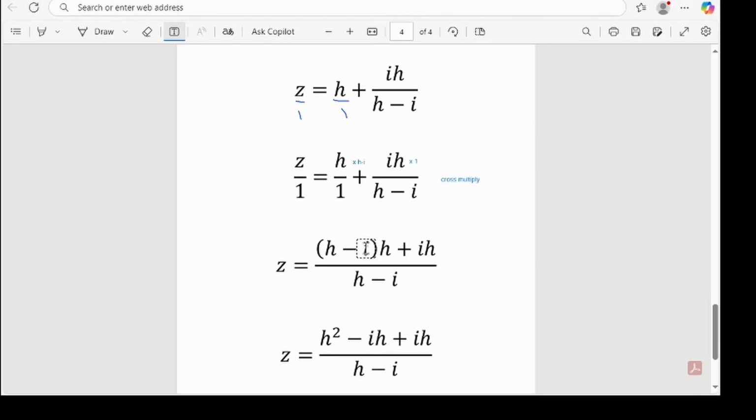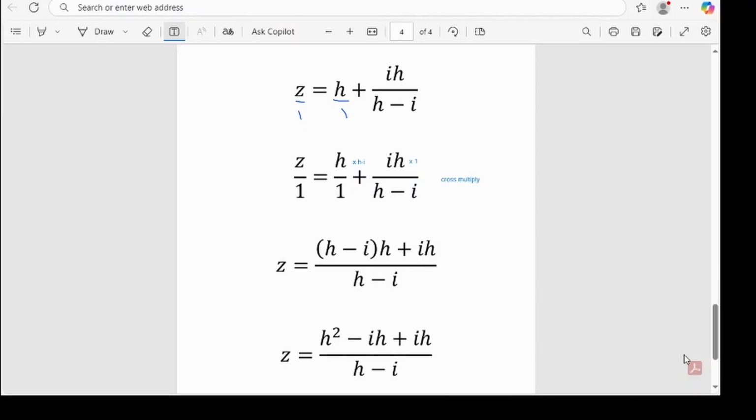Okay, so we are going to get Z equals H minus I, all in bracket, because H minus I multiplying H will give you H minus I times H, plus IH, because 1 multiplying IH will give you just IH, all over 1 multiplying H minus I, which is going to give you H minus I, or the LCM, right?